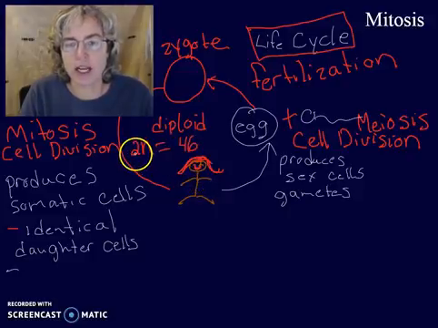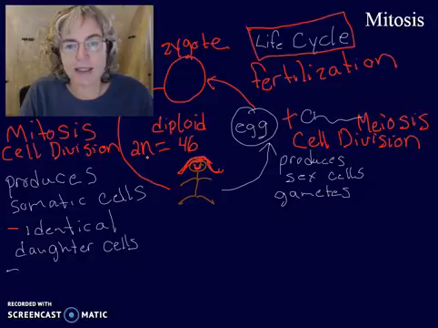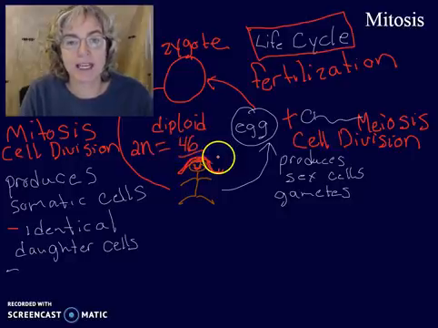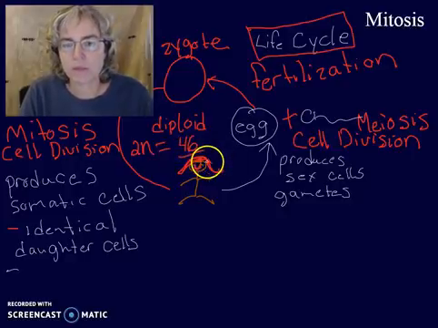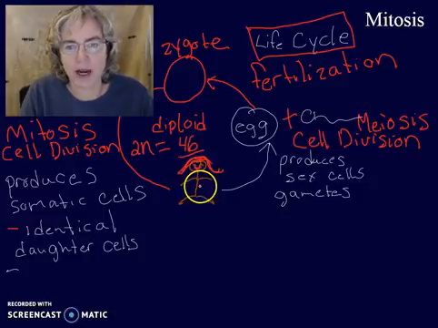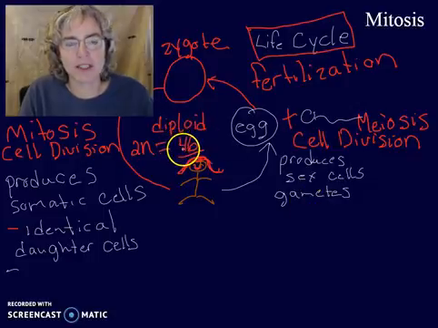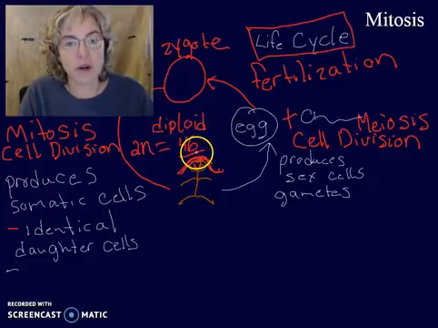And that means that she has two sets of chromosomes, a set from her mother and a set from her father. She got 23 from her mother, and she got 23 from her father. So she gets a total of 46 chromosomes. So every cell in her body, except for the sex cells, the gametes, has 46. All the somatic cells are all diploid and they all have 46 chromosomes.